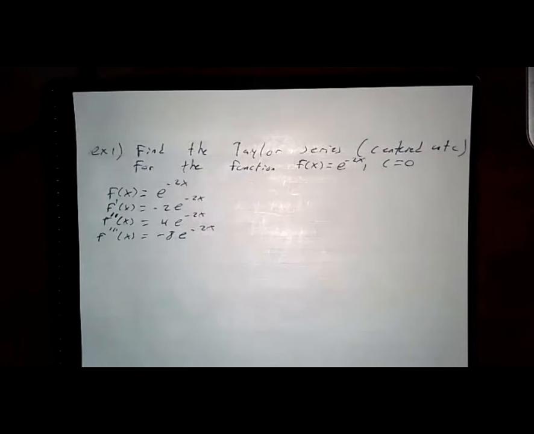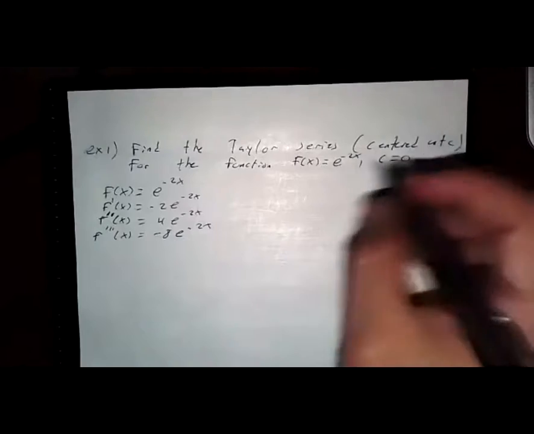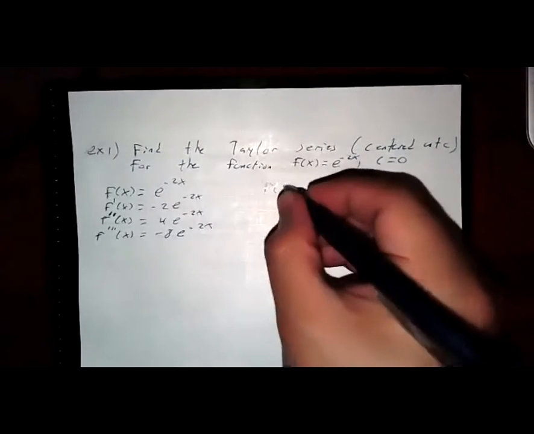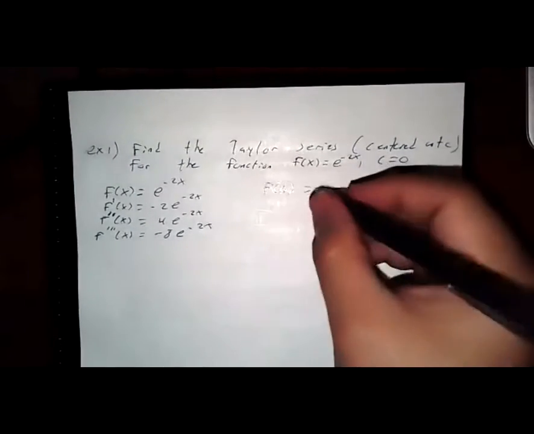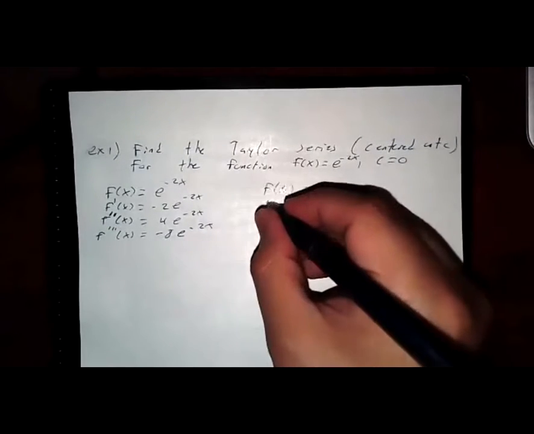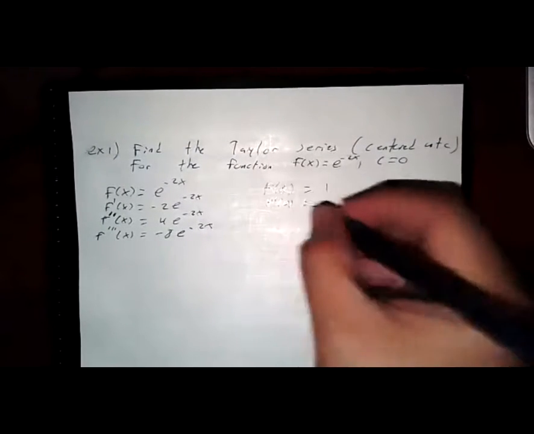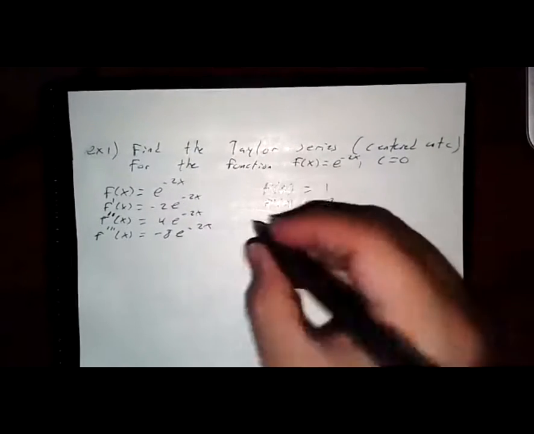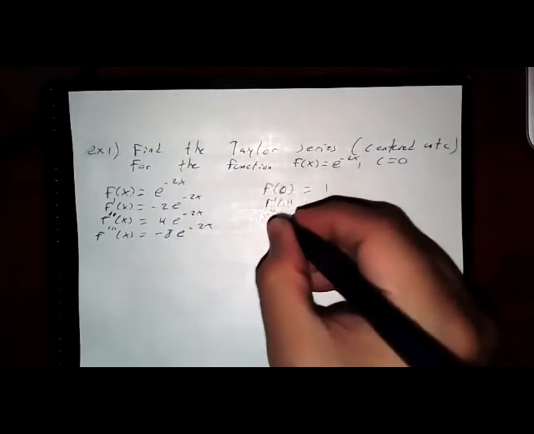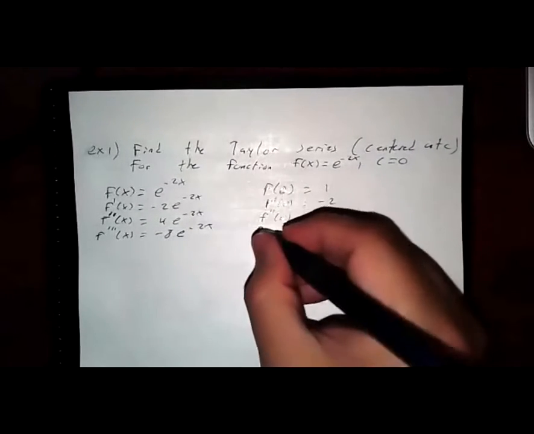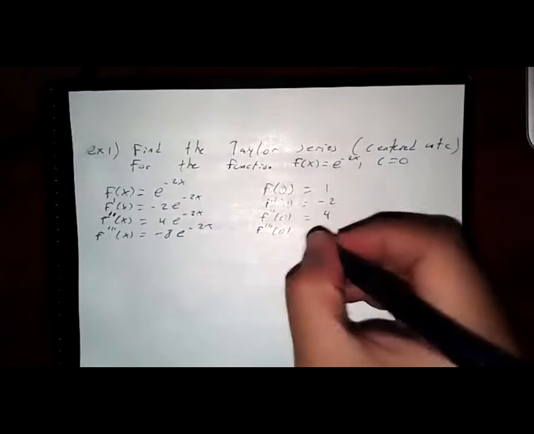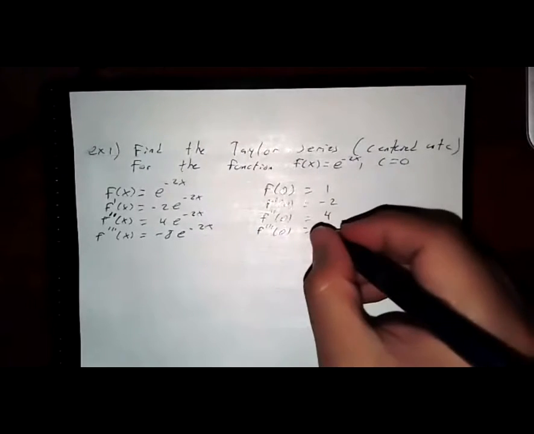The next thing you do is plug in the c. So f of c would be f of 0, and f of 0 is 1. f prime at 0 is equal to negative 2. f double prime of 0 is equal to 4. f triple prime of 0 is equal to negative 8.